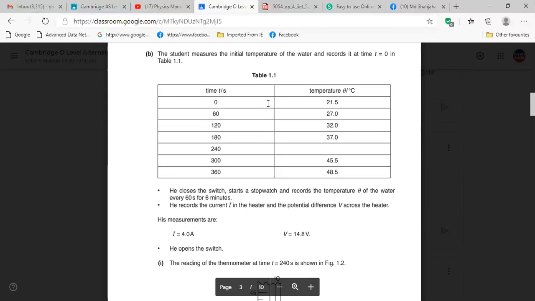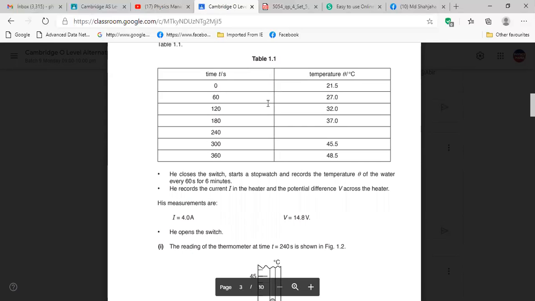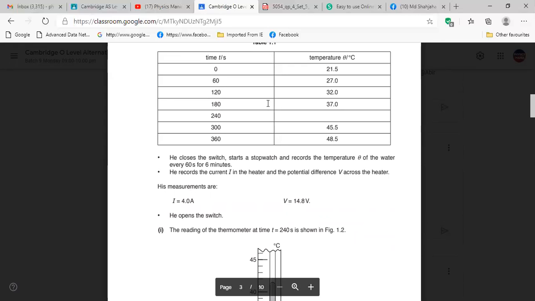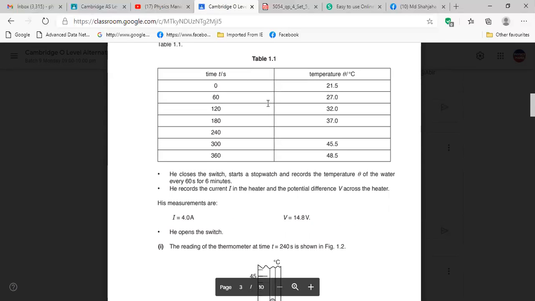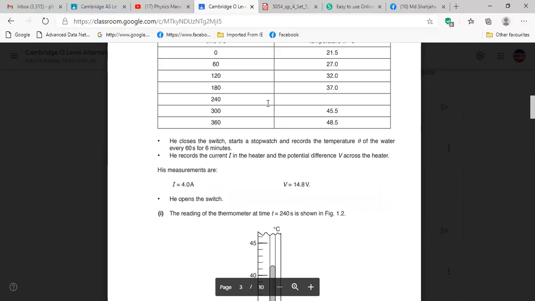He closes the switch, starts the stopwatch, and records the temperature theta of the water every 60 seconds for 6 minutes. He records the current I in the heater and the potential difference V across the heater. His measurements are I equals 4, V equals 14.8. So you got I, you have V, right?